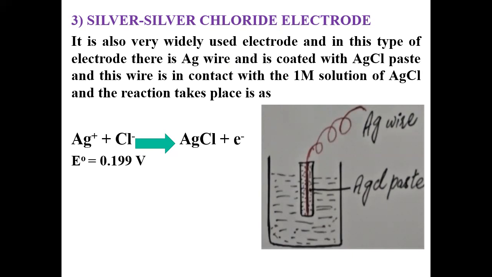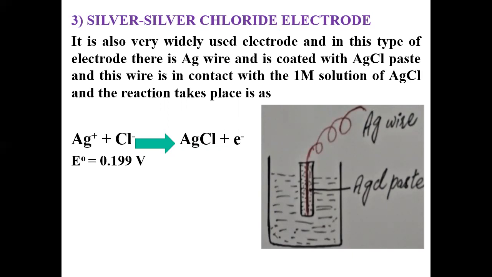And this wire is in contact with the 1 molar solution of AgCl, and the reaction that takes place is silver ion plus chloride ion will give us silver chloride AgCl by removing 1 electron. So E naught is equal to 0.199 volt. So these are the three different types of reference electrodes.